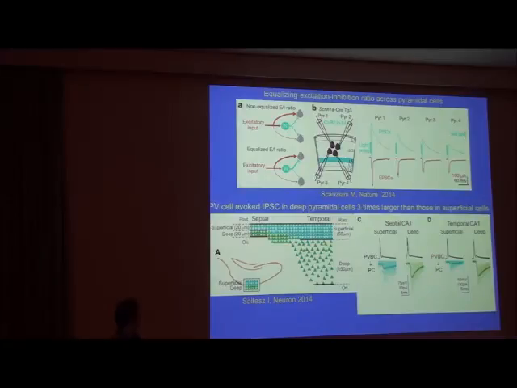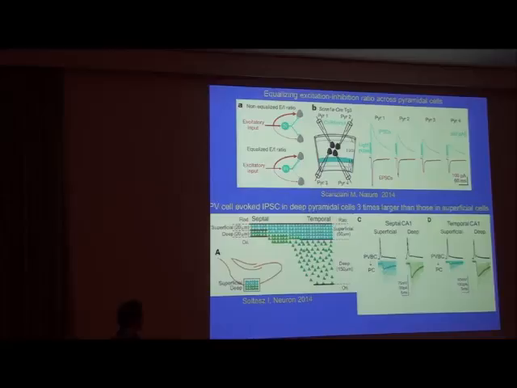He used a slice preparation and manipulated layer 4 cells expressing channelrhodopsin. When he irradiated the laser onto this slice, he recorded from 4 different pyramidal cells, and he found the ratio of IPSC to EPSC is always the same, no matter what the size. So this is their finding.